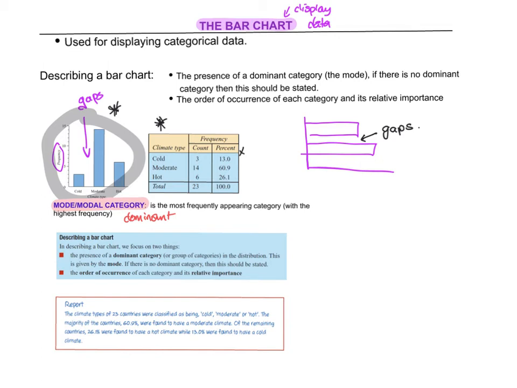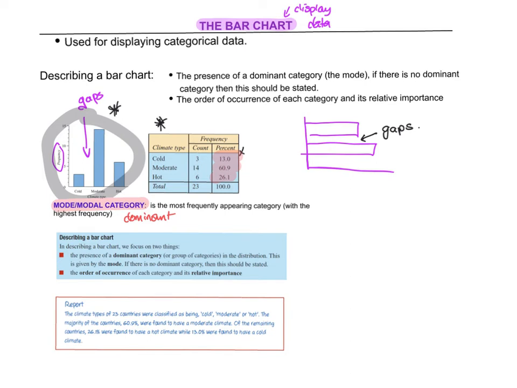All right. So when we describe bar charts, our job is to give people the data and tell them what it is. So you report on this: of the 23 countries classified in their climate, you'd say moderate was the modal, the most dominant with 60%, followed by hot with 26%, with the least being cold with 13%.